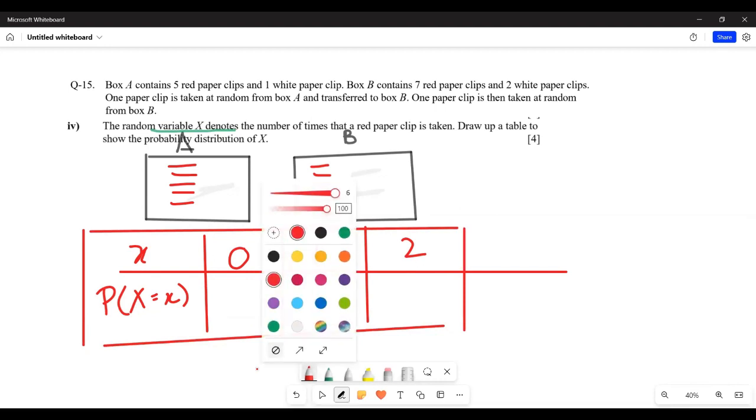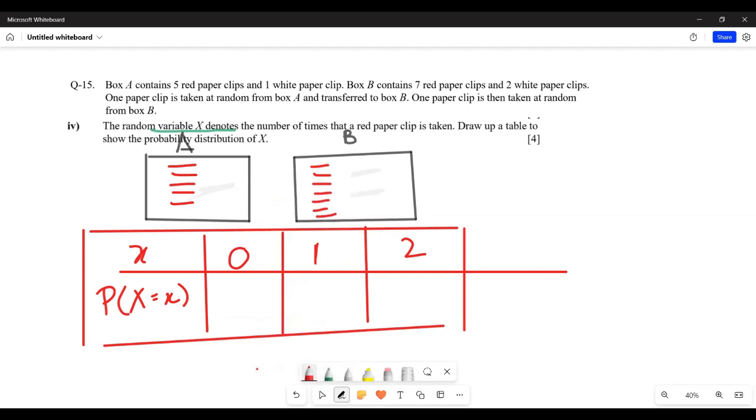तो पहले ना हम probability 0 फाइंड करते हैं. प्रोबेबिलिटी के कोई भी रेड नहीं आया. इसका मतलब है कि ये केस है कि पहले में भी white आ गया. Sorry, it's supposed to be white. Yeah, white in A and white in B. So what's the probability of getting a white clip in box A? That's 1 upon 6.